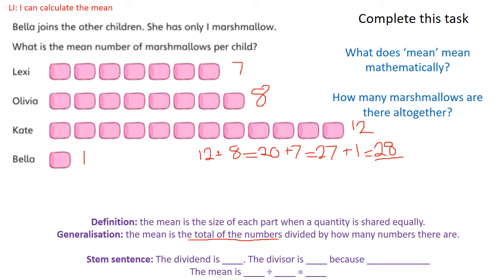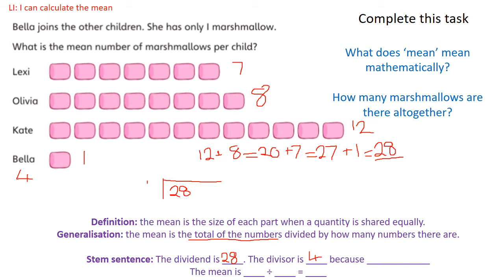How many children are there? We've got 4 children. Okay, let's have a look at this STEM sentence and see if this can help us. The dividend is 28. Do you remember what dividend means? Dividend is the number that you are dividing. The divisor is 4 because there are 4 children.